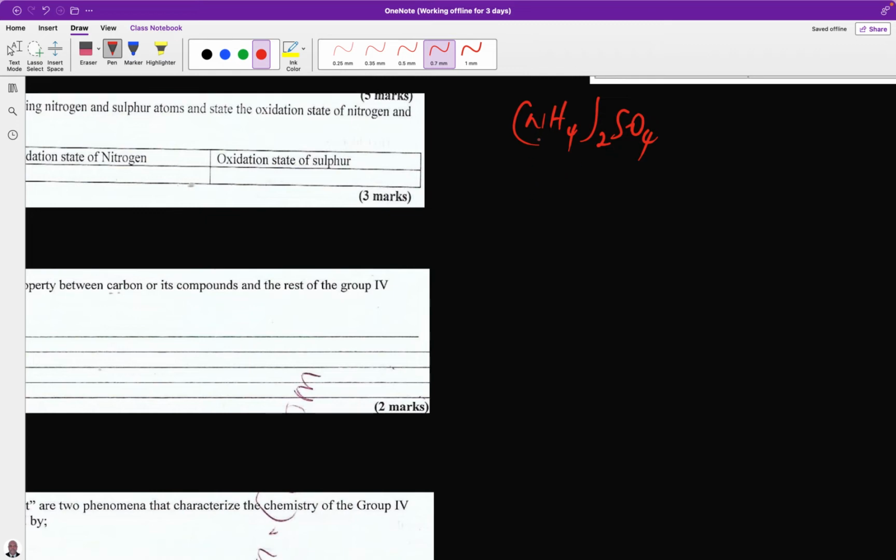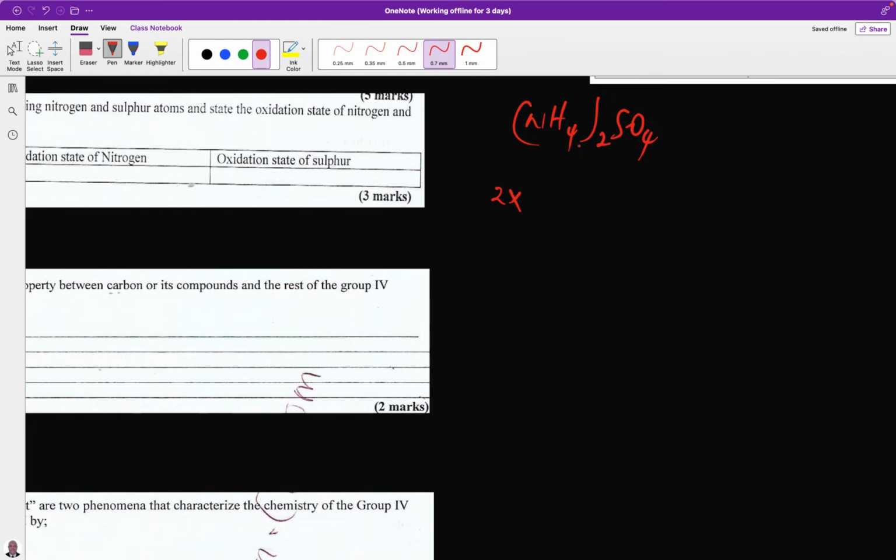For nitrogen here, remember sulfate is a radical. It has an oxidation number of -2. Because there is a 2 outside here, I will say nitrogen is 2x, and this is a neutral molecule.